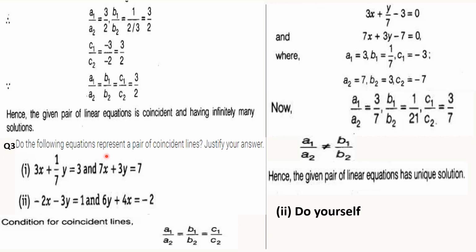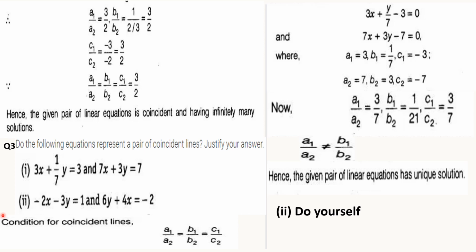Do the following equations represent a pair of coincident lines? Justify your answer. First, I want to clarify that in this question we try to find which pair of linear equations has coincident lines. Let me recall some conditions.